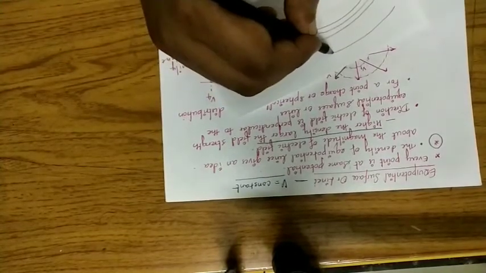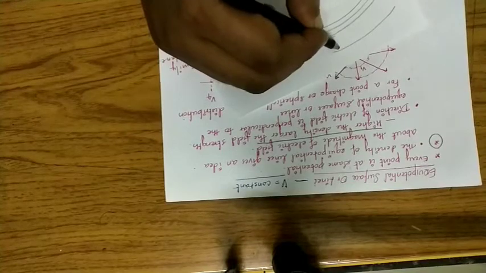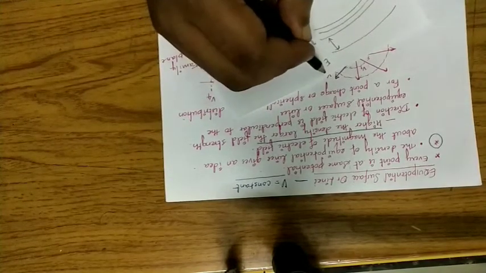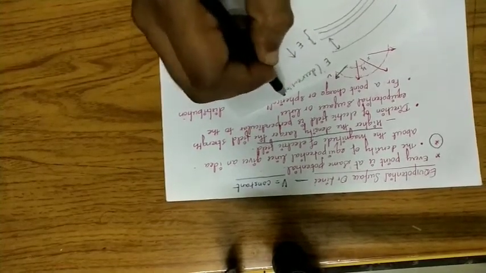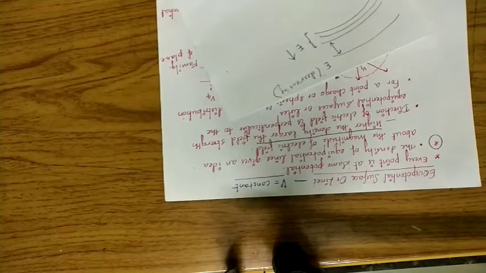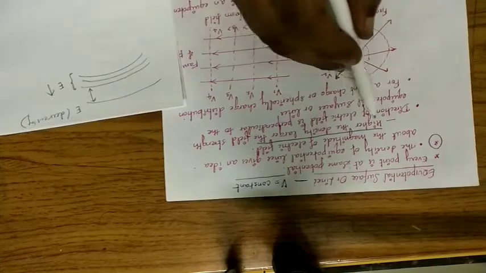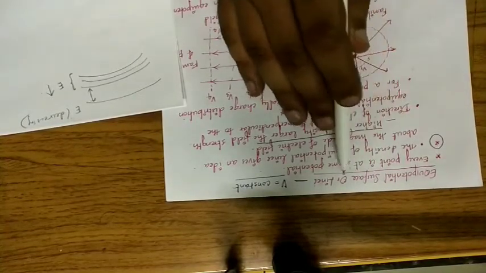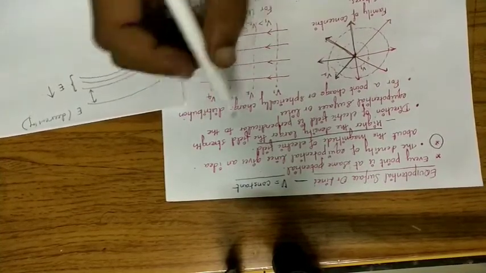Whereas in this particular region, compared with the other three lines, the space between them is more. In that case, the electric field intensity starts decreasing, so it has less electric field strength. That's why I have given here a point: the higher the density of equipotential surfaces or lines, the larger the field strength.